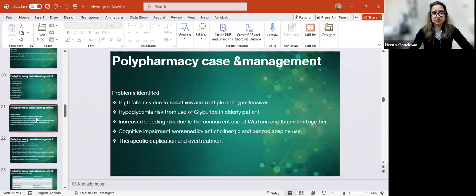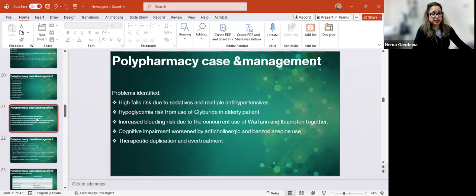Moving on to what have we identified over here? We can identify that her high fall risk is due to the sedatives and the multiple antihypertensive medications that she's on. We could identify the falls from maybe a hypoglycemia issue from the use of glyburide in an elderly patient.